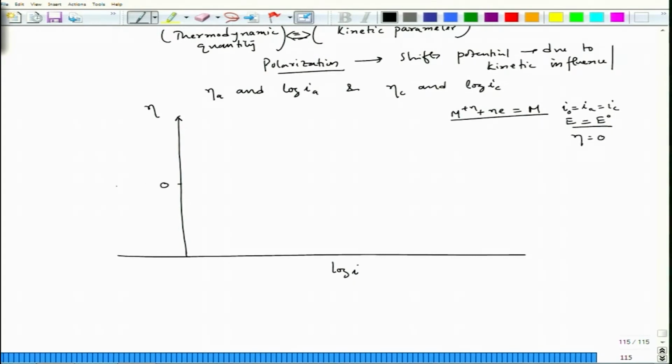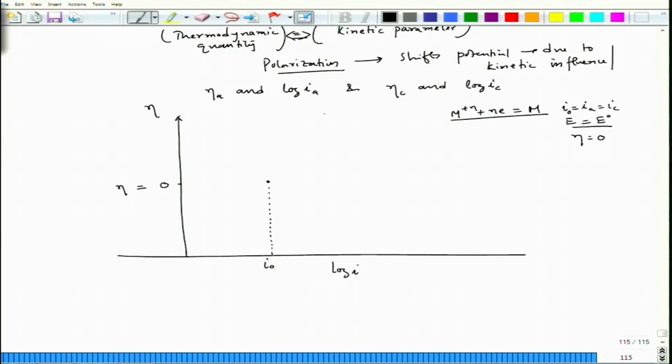So, this is 0 value, and let us say this is the point we are considering, where this is I0. Now, at this point I know that the overvoltage is 0.